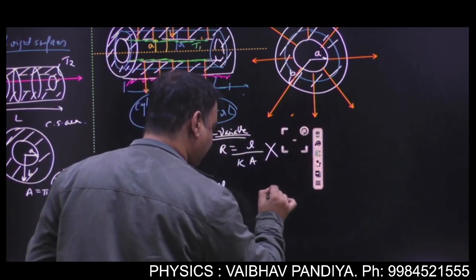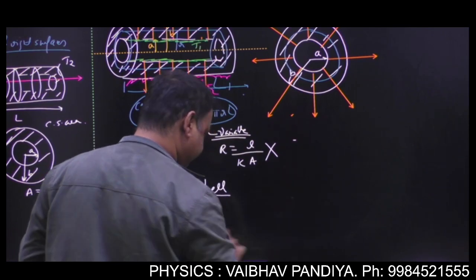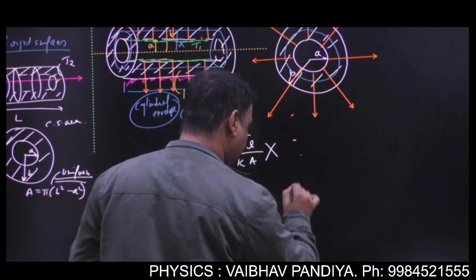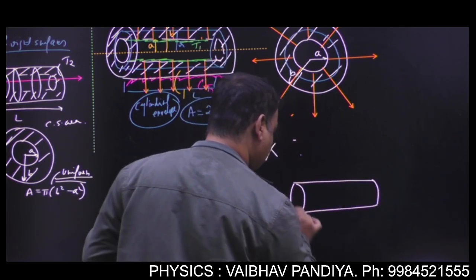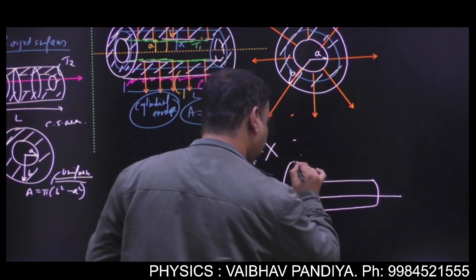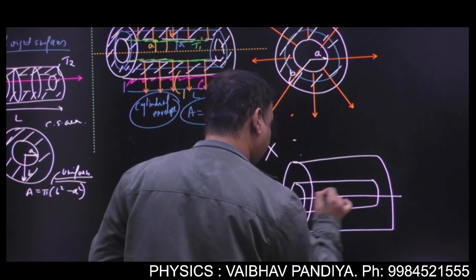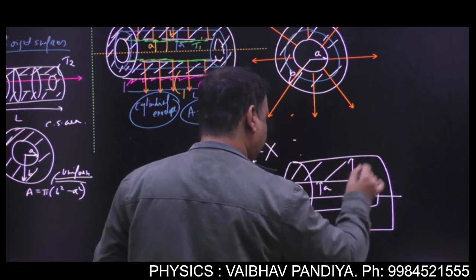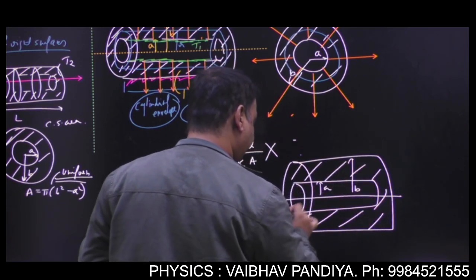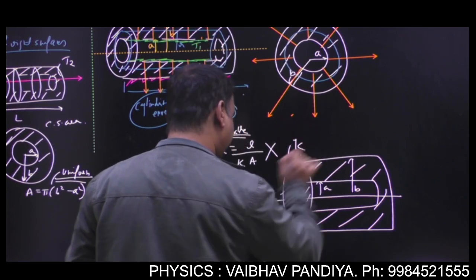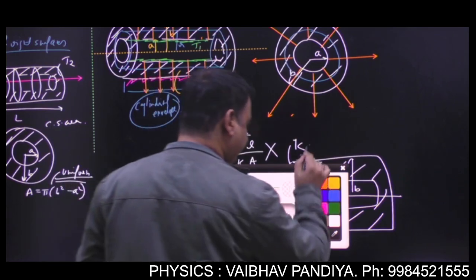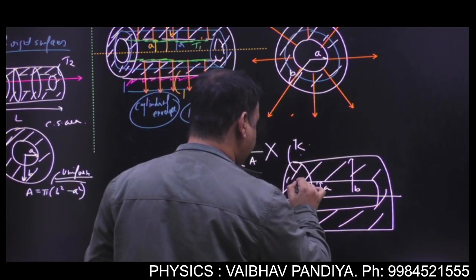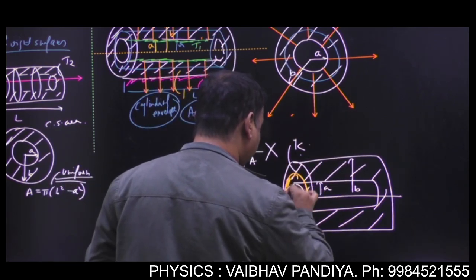So suppose we have this cylinder, and this is radius A, and this is radius B, okay? And this is some material of conductivity K. Take a cylindrical envelope or cylindrical shell like this.